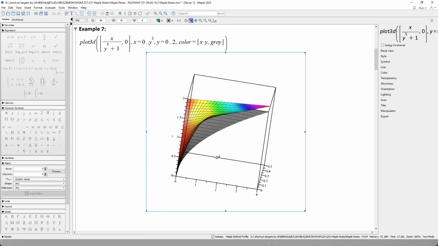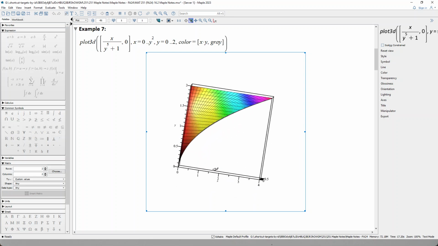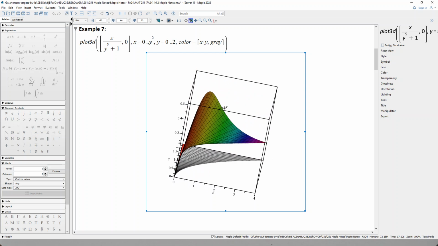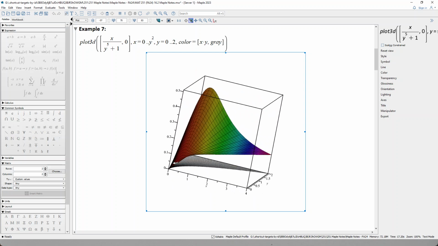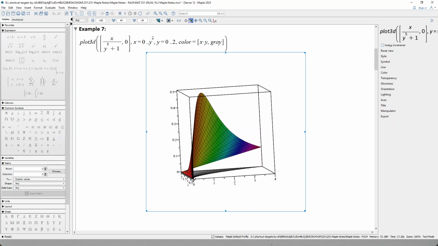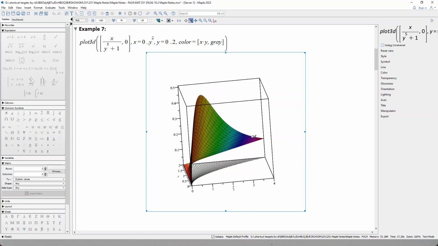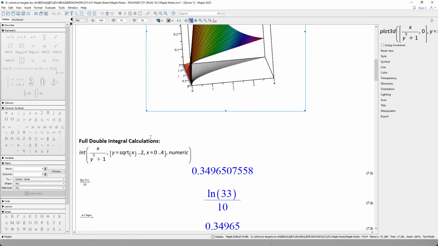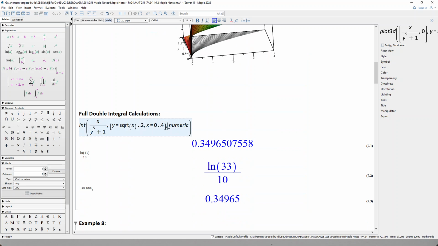All right, so there we have, you can see the region of integration right there if I look down, and then it's this object right here. And so we found the volume of that space between the xy plane and that multicolored rainbow surface. And if we want to check our answers, we can see that they are indeed correct. It is the natural log of 33 divided by 10. I double checked it by giving a numeric answer, etc.